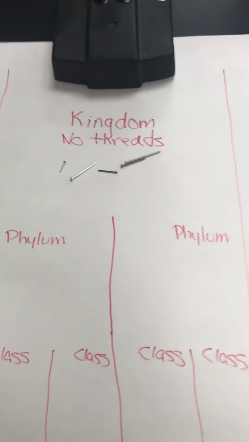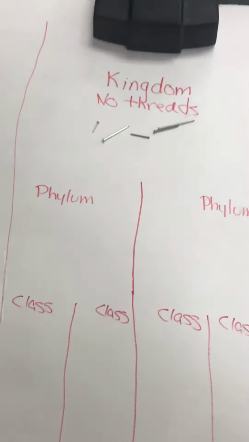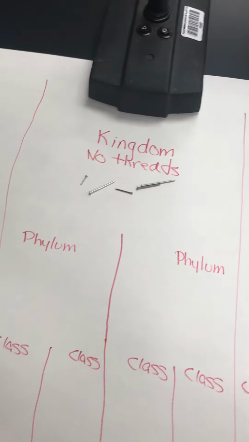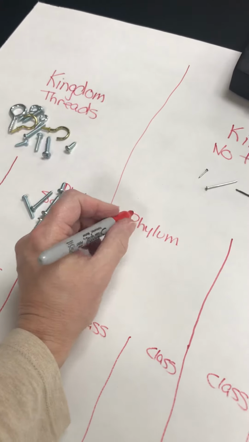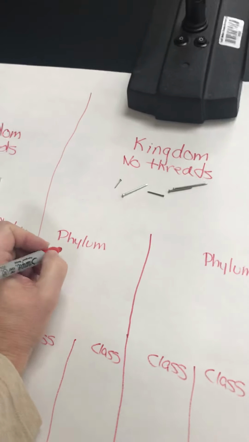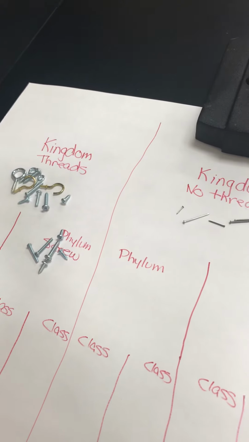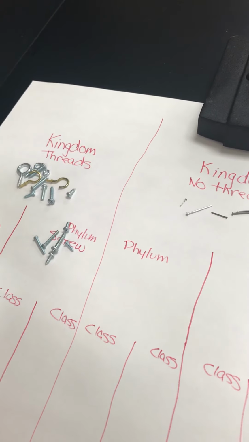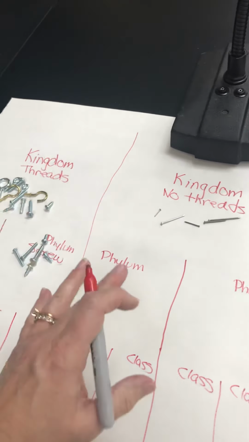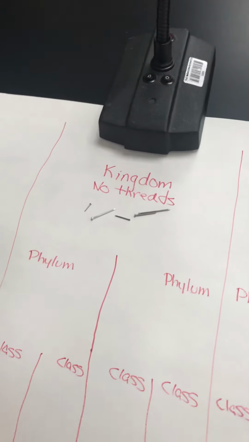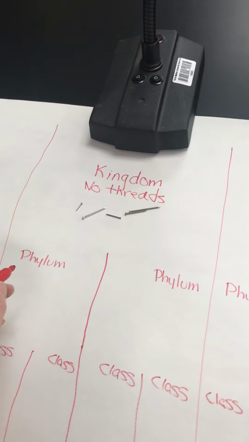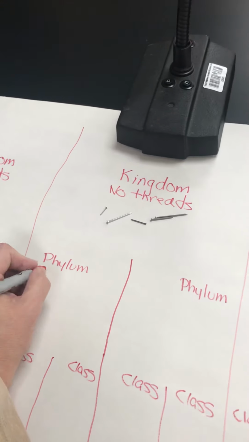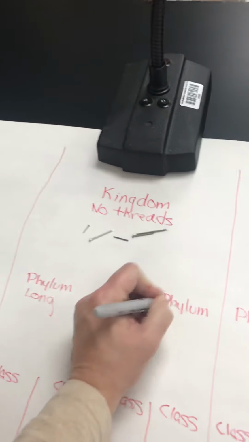Now I'm going to take my kingdom threads, or excuse me, no threads, and I'm going to split them into, let's see, what were my phylums I decided on? Flat and round. Sorry, kingdom no threads, long and short.